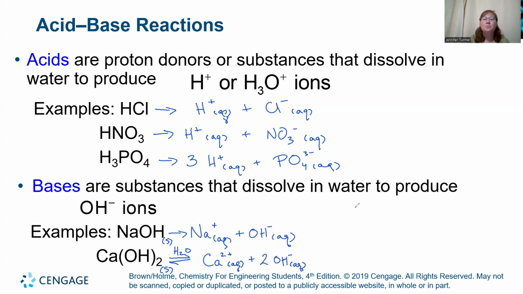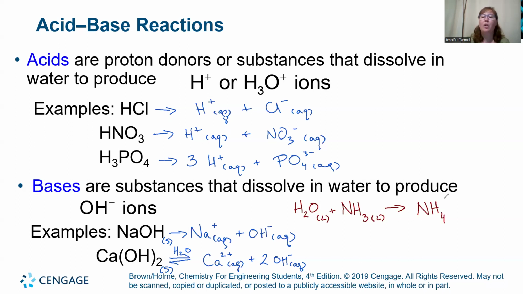Another one here that we could work with is ammonia. Ammonia is a base, and when it comes into contact with water, we've got our ammonia and our water. Now we actually have to show the whole thing here. What we end up producing is, oh, hang on, the 4 goes down below.